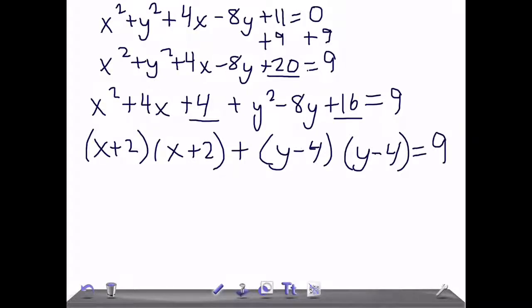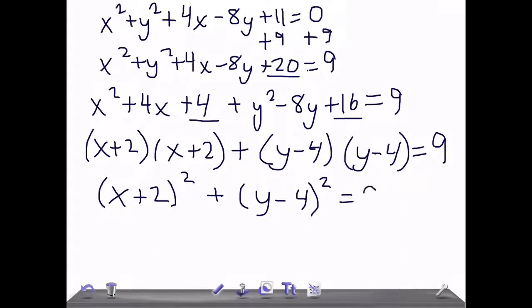Instead of writing x plus 2 times x plus 2, I can write it as (x plus 2) squared, and y minus 4 times y minus 4 is (y minus 4) squared. Now we have the equation written in graphing form of a circle.